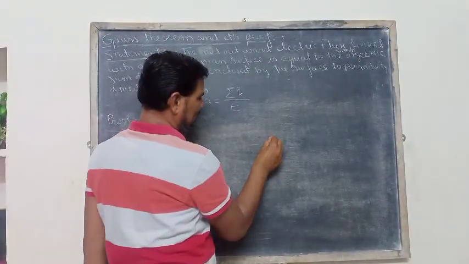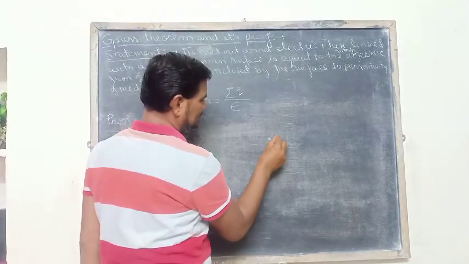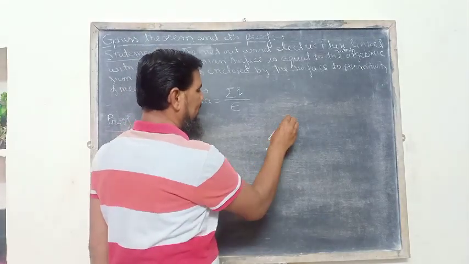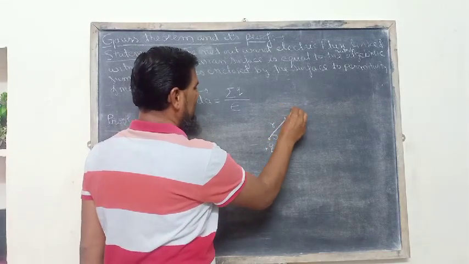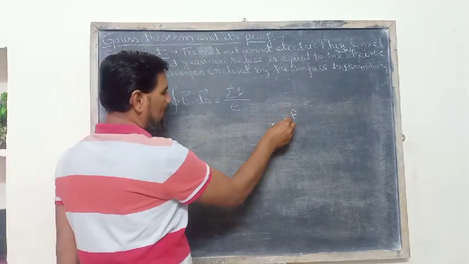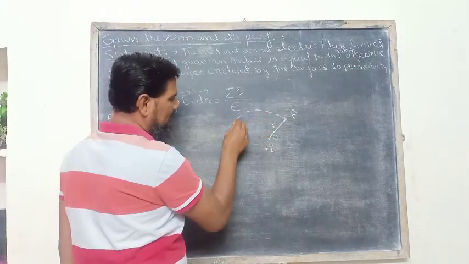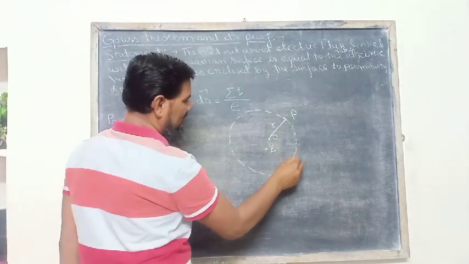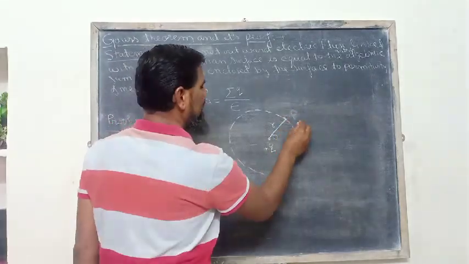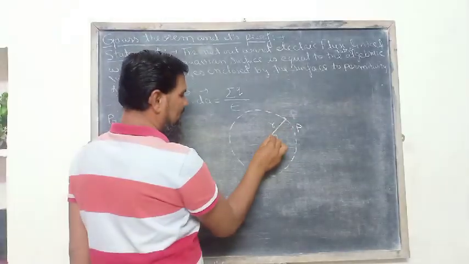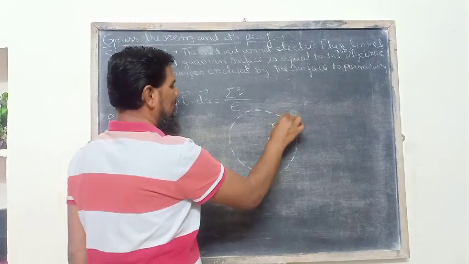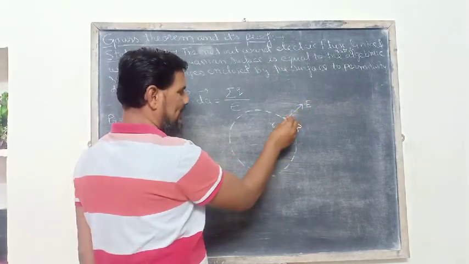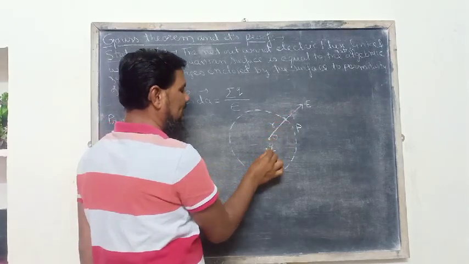For the proof, we consider a point charge situated at point O, containing charge plus Q, and at a distance R we consider a point P. Now we consider a closed Gaussian surface in the shape of a sphere of radius R. If we want to calculate the electric field intensity at this point, its direction will be outward, because we consider a positive charge and the field is repelled by this positive charge.